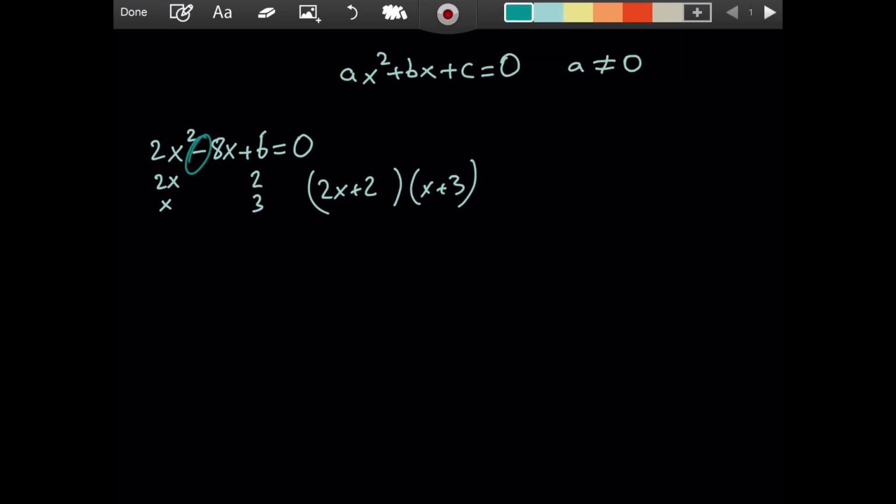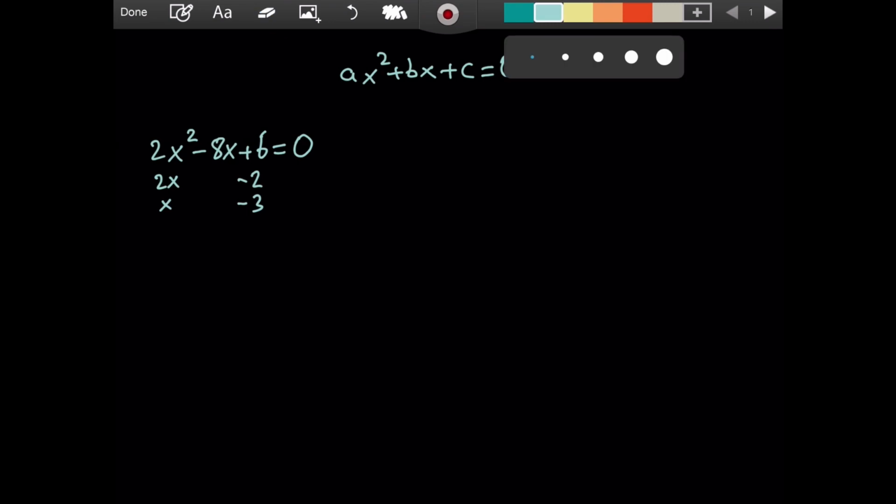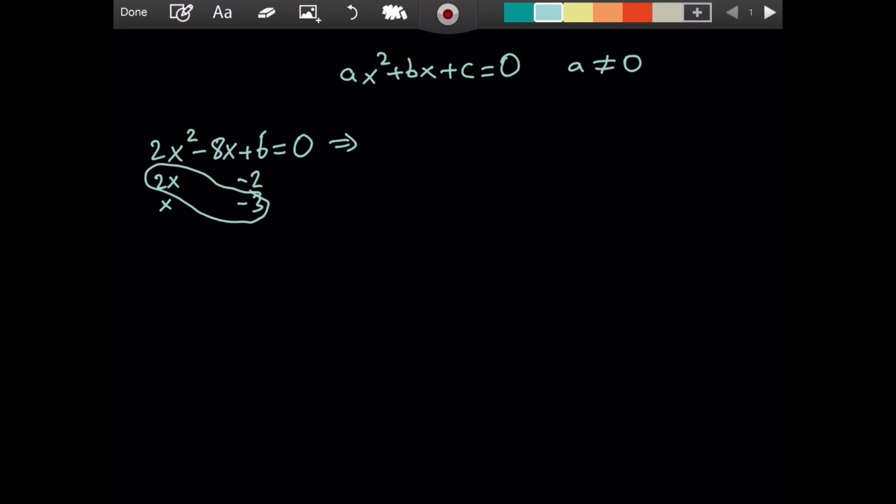So in fact, I want to choose these 2 and 3 to be negative. If they are negative, you can notice, and the way we do the multiplication is like this, negative 6, negative 2, they give you negative 8x. So it should work.